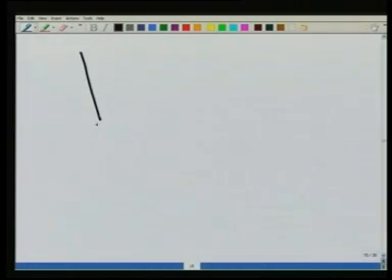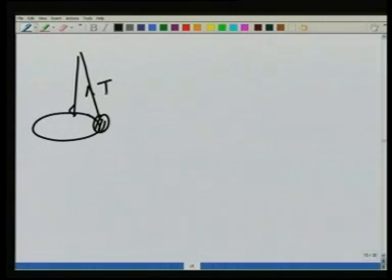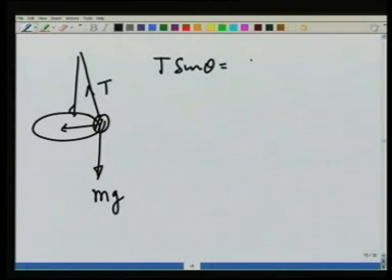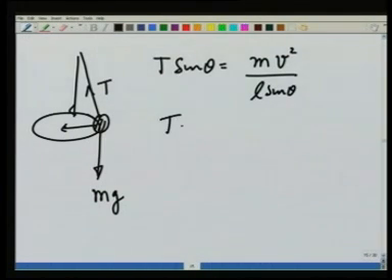So, when this bob is moving in a circle like this, T is the tension in the rod, and this is mg. This component of T provides the centripetal acceleration, and therefore T sine theta must be equal to m v square over the radius of the circle, which is L sine theta, and T cosine theta must be equal to mg.